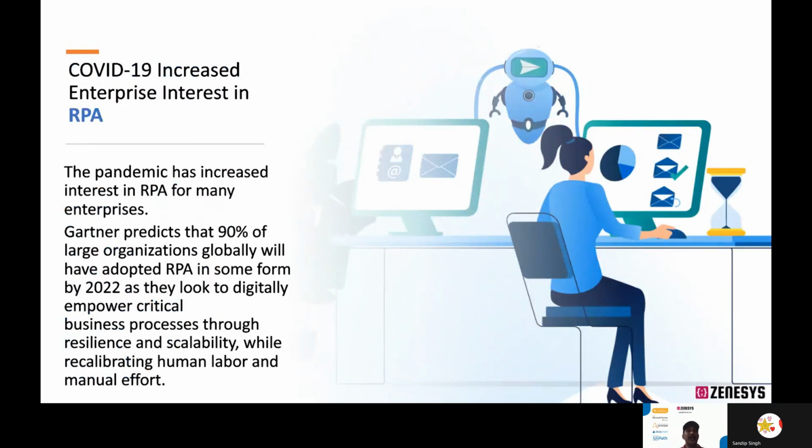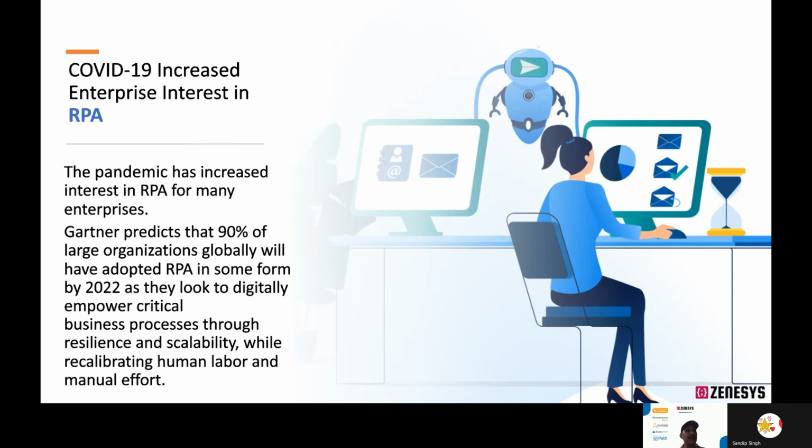So we were talking about the COVID impact on this industry. Basically, every industry was impacted due to COVID, but this RPA industry is still going up, and the impact on the industry has been positive. Enterprises are now planning to go ahead and automate their processes.